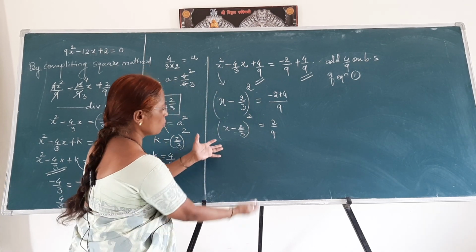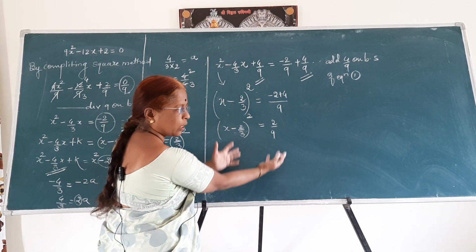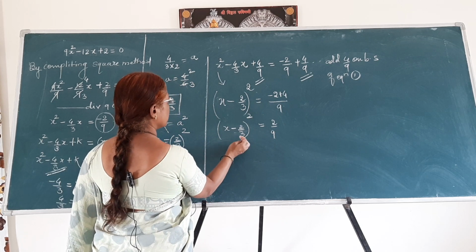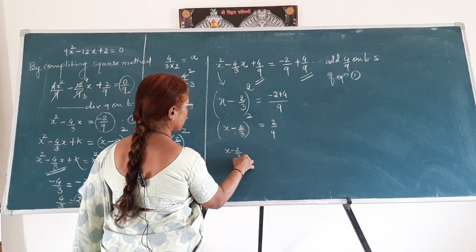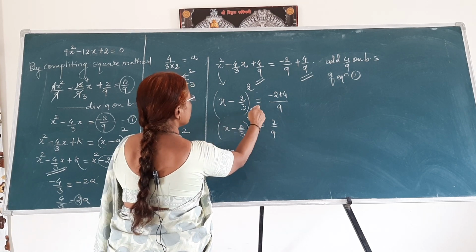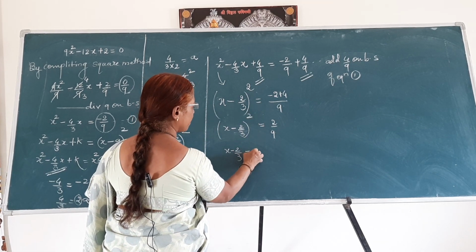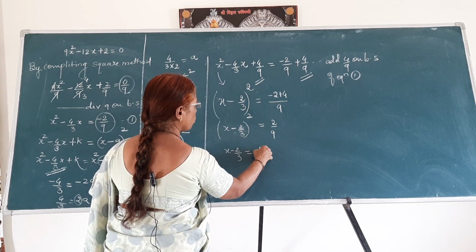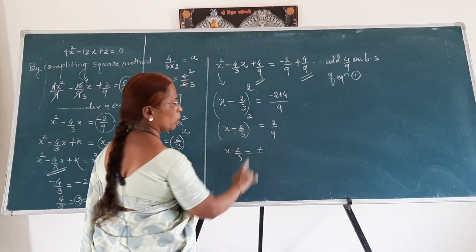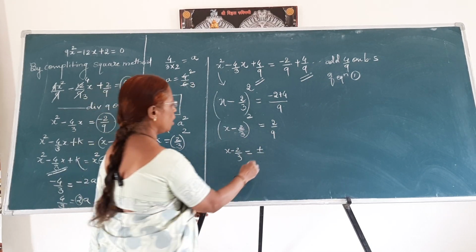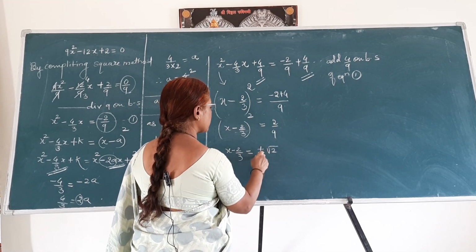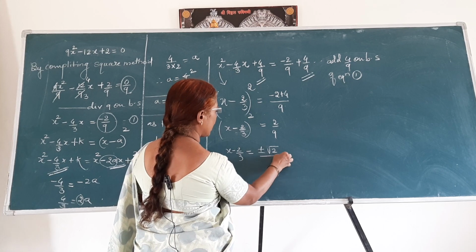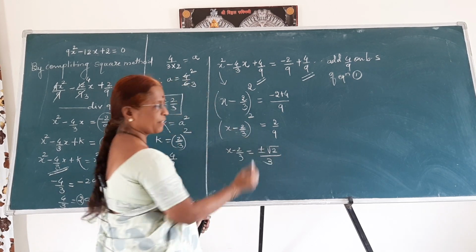Now we have to remove the square root on both sides. The square root of a square bracket is only the bracket, remember children. And here the square root of this quantity, the square root of 2 is not available, so we have to put the symbol plus or minus root 2, and root of 9 is 3.